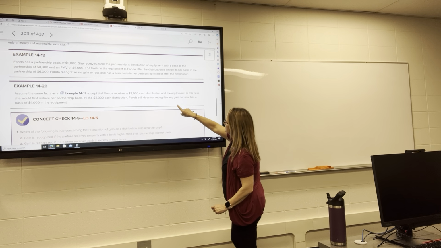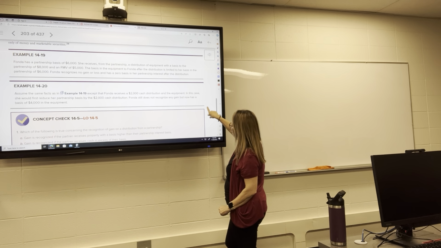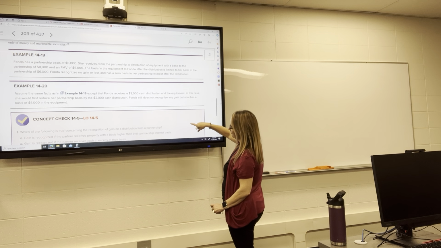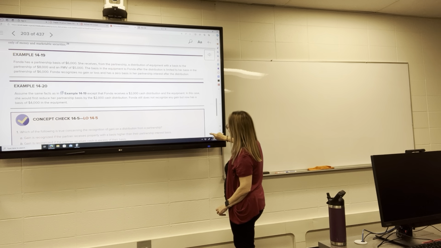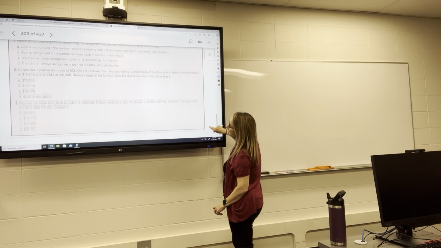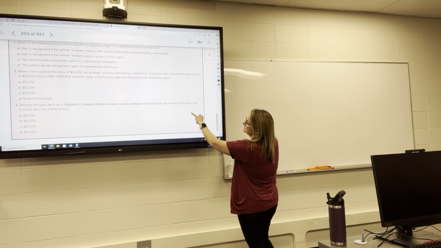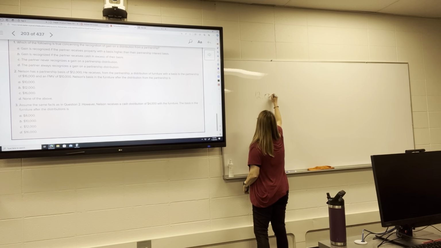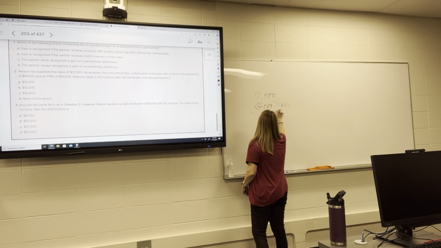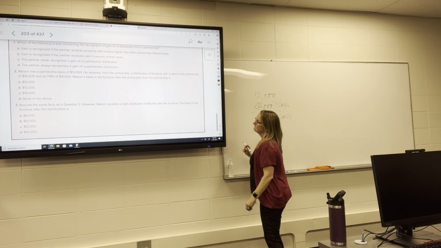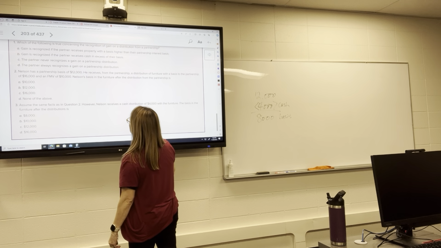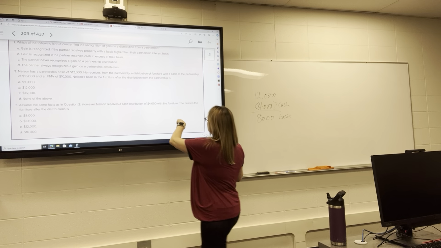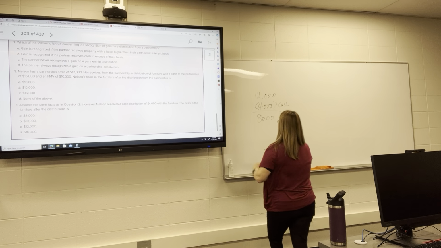So in this case, Fonda received a $2,000 cash distribution and equipment. She's going to first reduce her partnership basis by 2,000, so we're going to do the same thing here. So his partnership basis is 12,000, and we're going to reduce that by the $4,000 of cash, right? $8,000 basis remaining. And then he received furniture with a basis of 16,000.